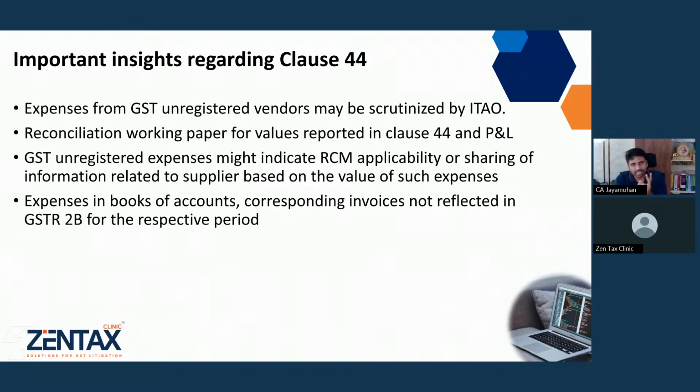There can also be a vice versa situation, wherein the invoice is reflected in GSTR 2B but not booked in your books of accounts. All these situations can contribute to reconciliation differences, and for that reason, I urge you to keep proper working papers while reporting figures in clause 44.